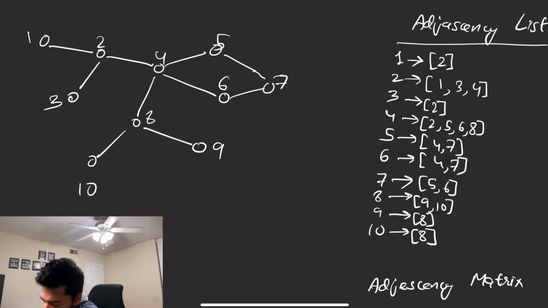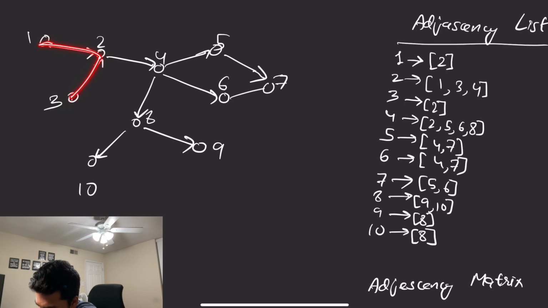But what if instead of each edge in the graph being a two-way street, what if they were one-way streets? What if there was a sequence to the ordering of these nodes? Now, can you go 1, 2, 3? No, you can't, because 3 goes to 2. You're stuck here.